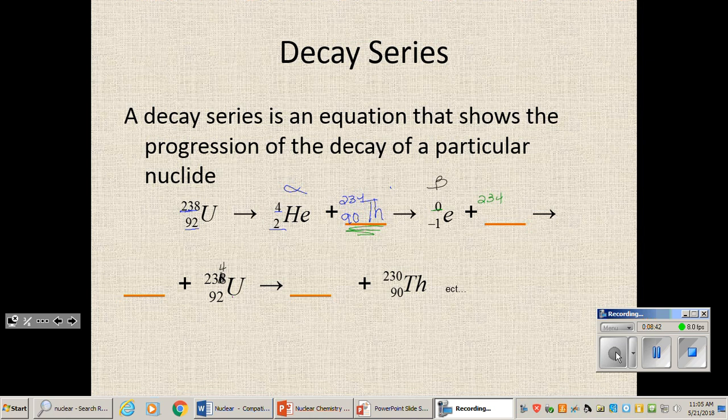Remember that the sum of this side has to equal this side. So what can we add to -1 to get 90? That's going to be 91. 91 plus -1 gives us 90. So what's really happening here is that the top number and the bottom number are getting closer to each other.